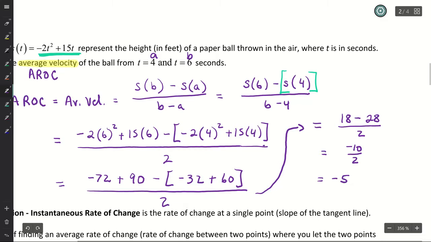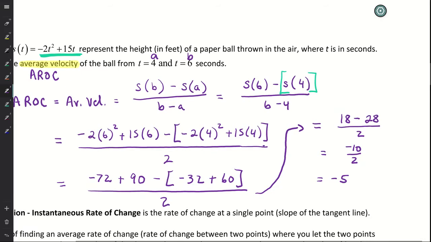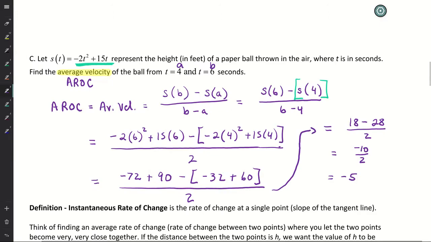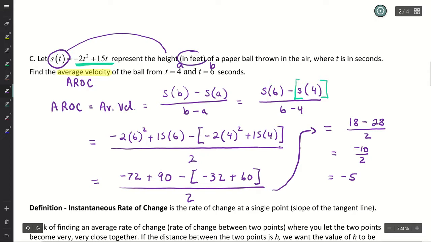Now, the other 3 questions that we worked didn't have units with them. But this particular problem is a word problem that did have units. Notice that S of t represented height, specifically in feet, and t was in seconds. On the top, we subtracted S of b minus S of a.